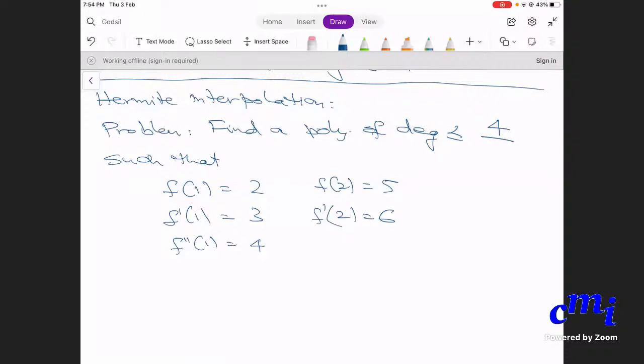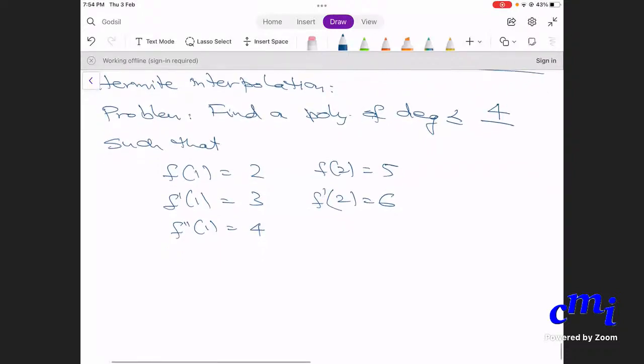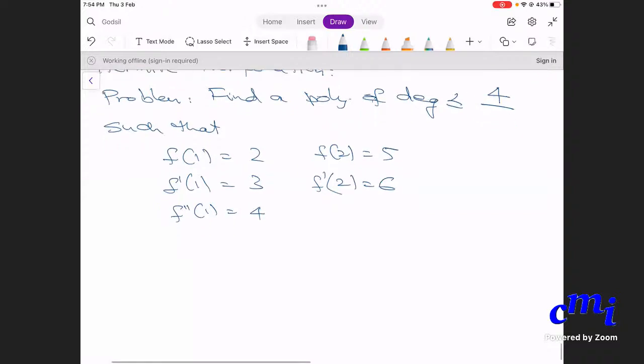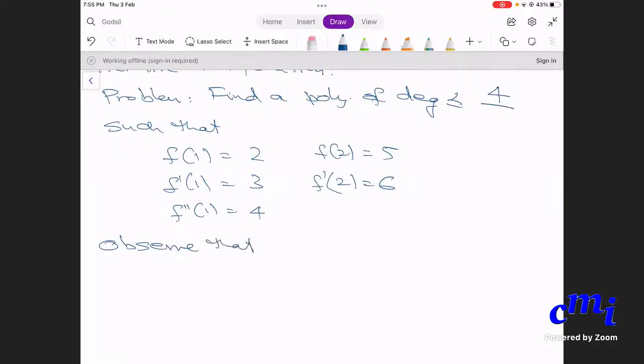So to actually solve it will involve some effort. I'll leave the calculations, but I'll tell you how we get the solution. So first of all, observe that if I take the polynomial 2 plus 3(x minus 1), plus 4 by 2 factorial (x minus 1) squared.